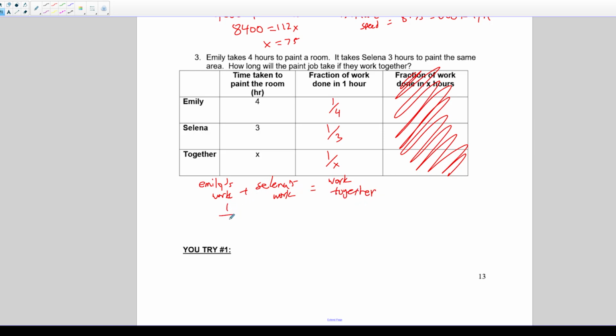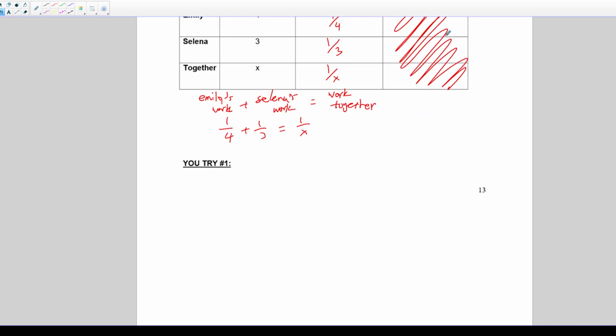So really we just have 1/4 plus 1/3 is equal to 1 over X, right? So this is how much work they're getting done in 1 hour. So from here we have a couple things. We've got your NPV, X cannot equal 0, your time can't equal 0, which makes sense. And your LCD is just going to be 12X.